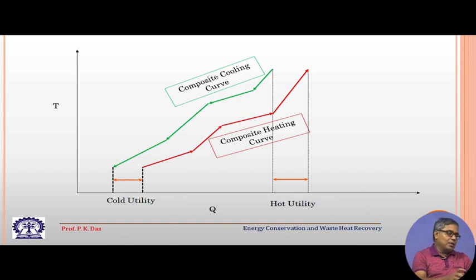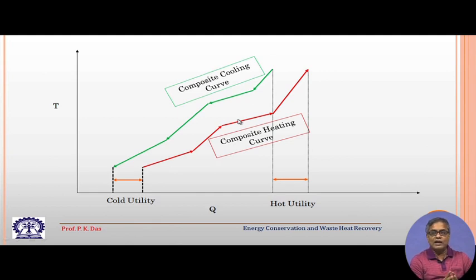In fact, one can probably get a situation that only one utility of minimum quantity, either hot utility or cold utility, will be needed. If we try to do so, you will see that the temperature difference between these two curves is decreasing. So, let us say this is at TH and locally this is at TC. If we try to bring them close together, then TH minus TC will be reducing.